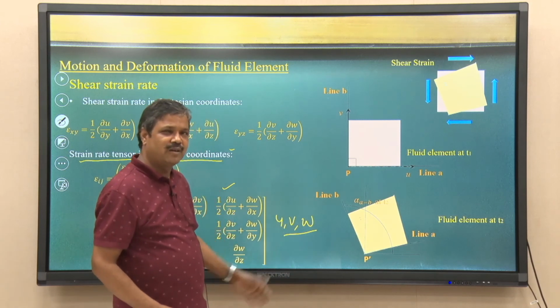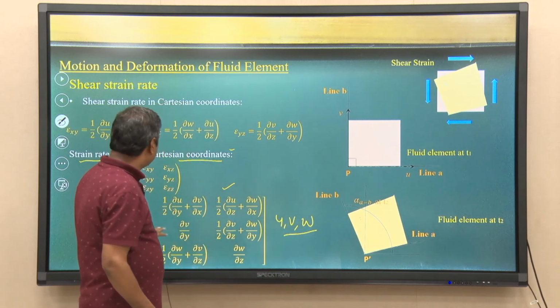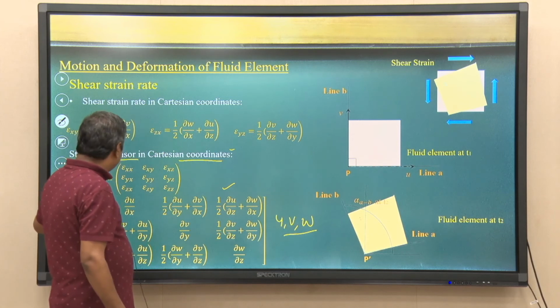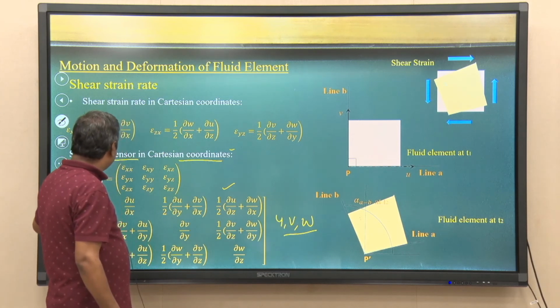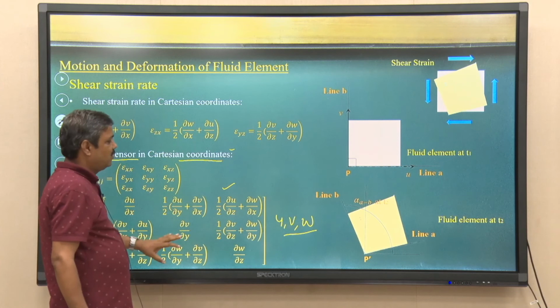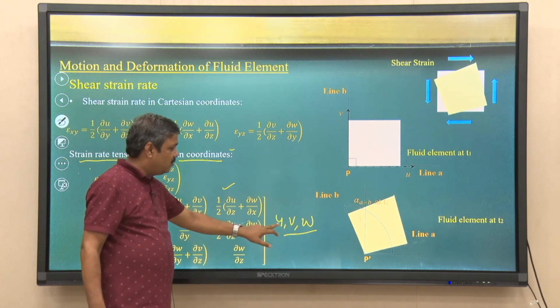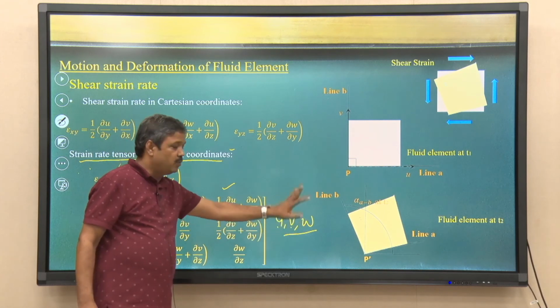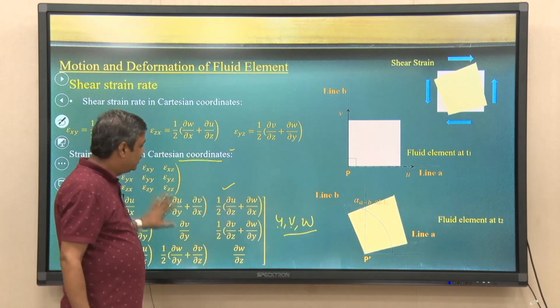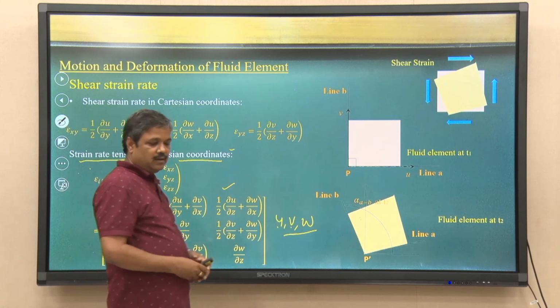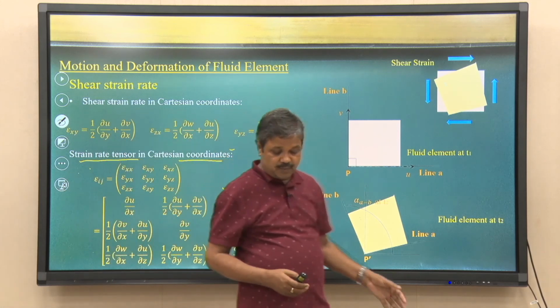I am not repeatedly deriving it, but that is what gives me the strain rate tensor as a function of the partial derivatives of the scalar velocities u, v, w. You can see the relationship between them.